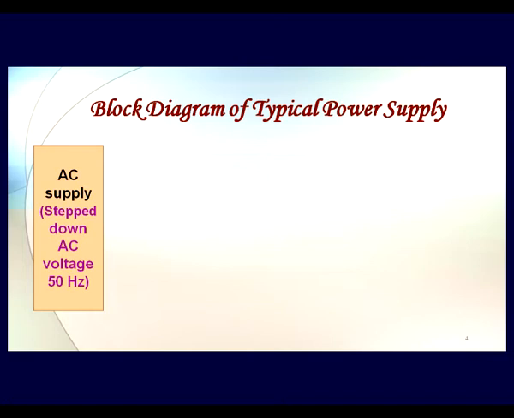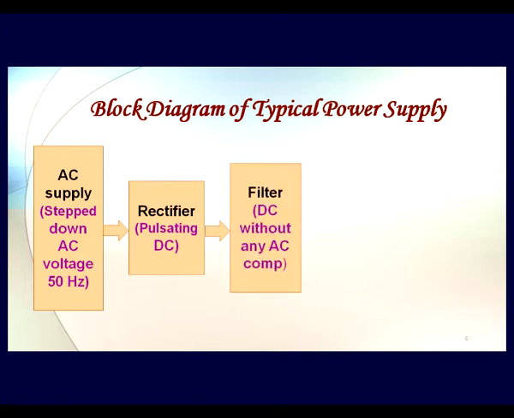Reduce that voltage using a step down circuit, then subject it to a rectifier. That rectifier essentially converts that AC into what is called pulsating DC. There will be a DC component in the output of a rectifier, but along with it certain pulses in the form of an AC component.